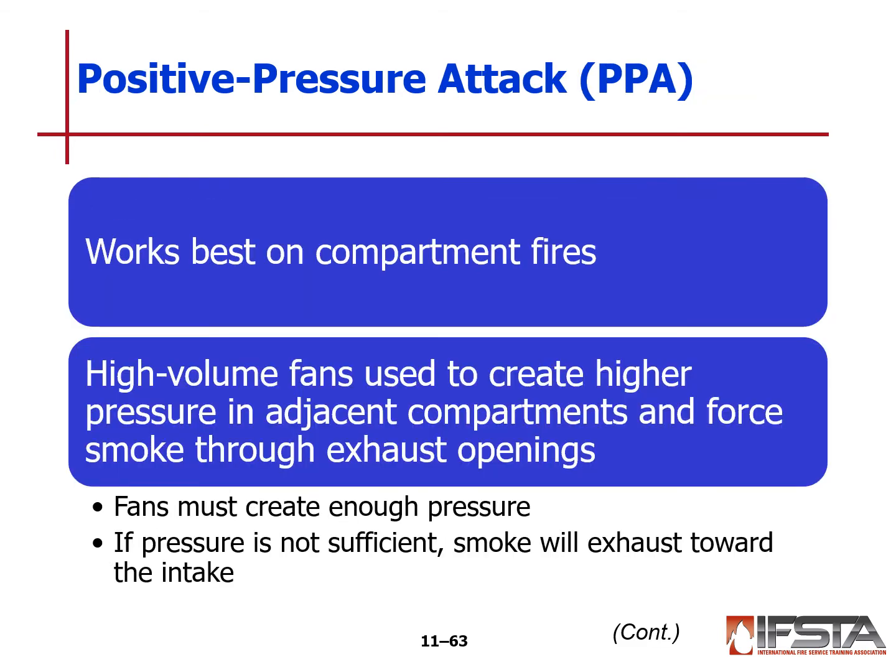What we know most is positive pressure attack or ventilation, and this works best on compartment fires. High volume fans are used to create higher pressure in adjacent compartments and force smoke through the exhaust openings. The fans must create enough pressure to do so. If the pressure is not sufficient, smoke will exhaust through the intake.